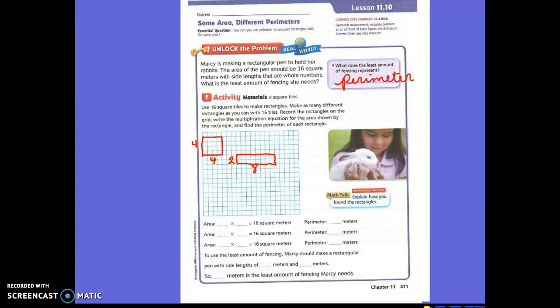Now I know you can do the commutative property, okay? But this would be the same thing anyway, like 4 and 4. Now you could do 8 and 2, 8 down, 2 across, okay? But what's another way with different numbers that can make 16? 16 times 1. So you can go 1 down and 16 over.